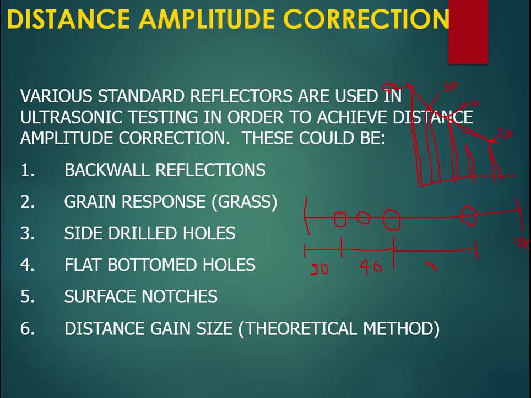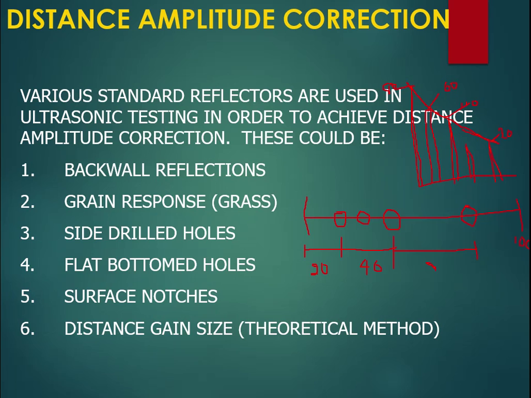So we have to consider the discontinuities whose amplitudes are greater than the DAC curve, and we need not be bothered about the discontinuities whose amplitudes are less than the DAC curve. So this is the use of the distance amplitude correction curve.